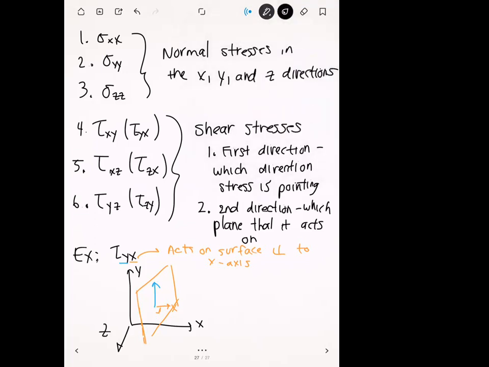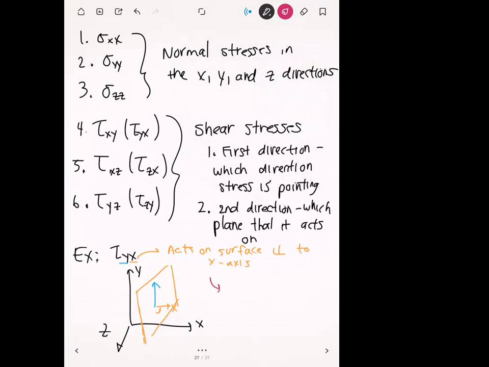Okay, so any questions on this? Okay, all right. Why did I pair these? Why did I say that tau xy is the same as tau yx?